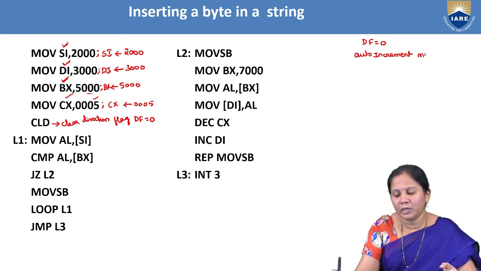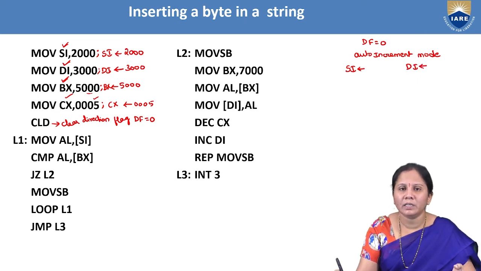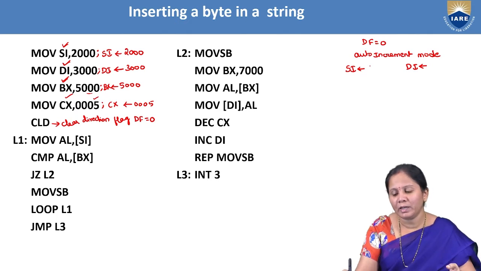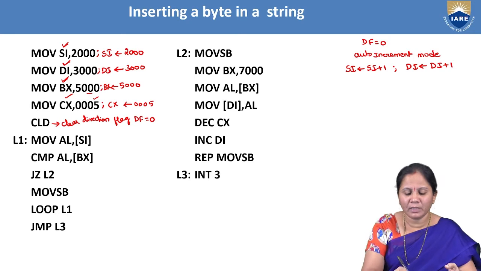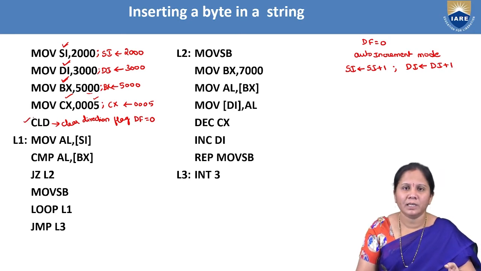Auto increment mode means once this CLD instruction is executed, the value of SI and DI will be automatically incremented by 1. So the value of SI will be SI plus 1 and the value of DI will be DI plus 1. So this is the main purpose of using this CLD.